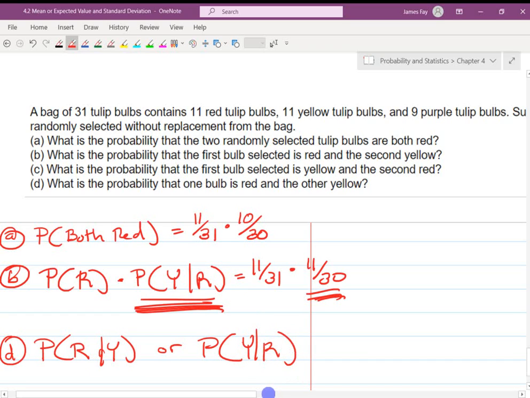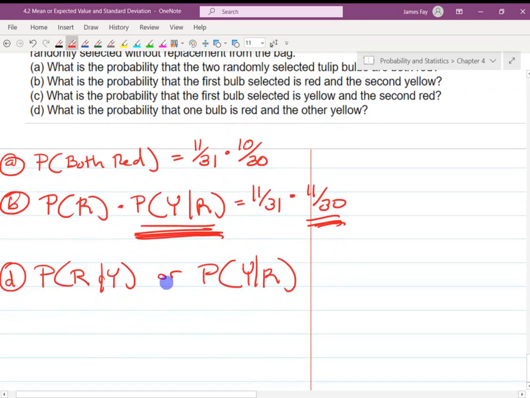Does that make sense to everybody? Okay. When it says the probability that one bulb is red and the other yellow, there is a probability attached to me picking out the first one being the red one and the second one being the yellow one, and there's a probability with the first one being yellow and the second one being red. So those would be two situations. So with the or here, we actually had to add them.